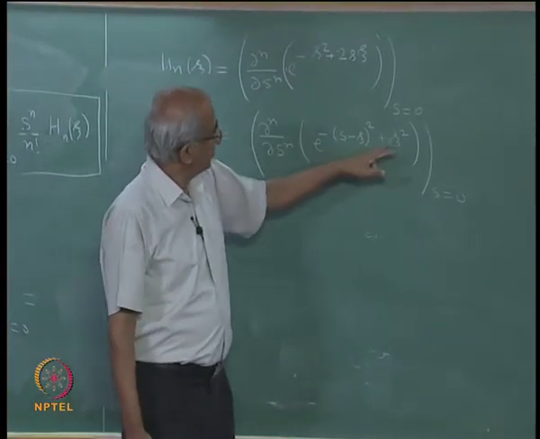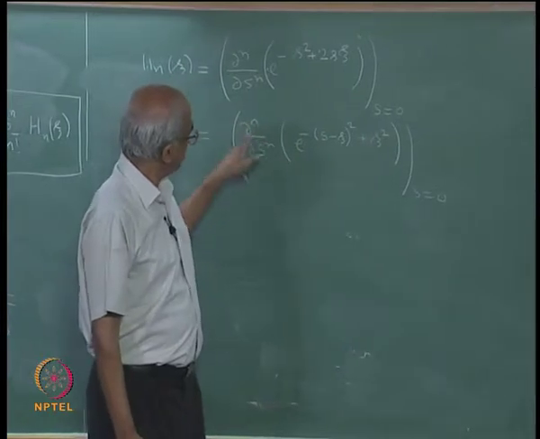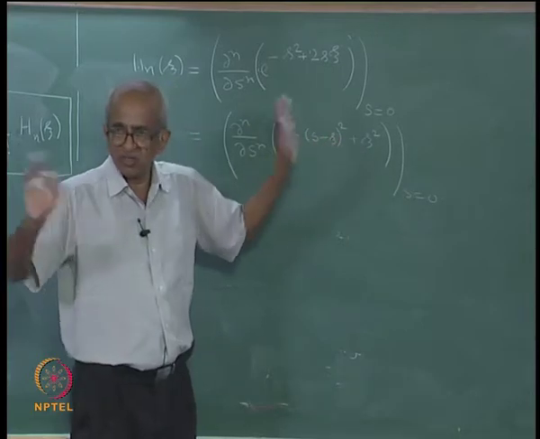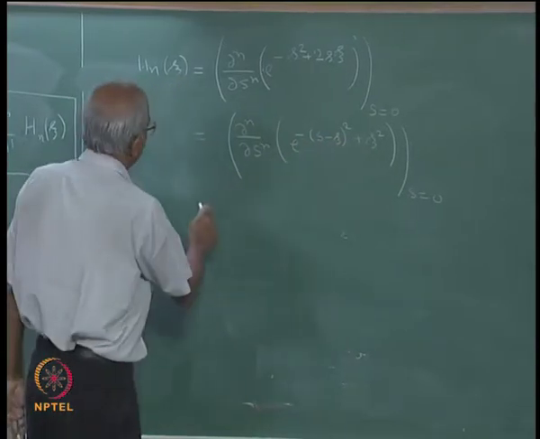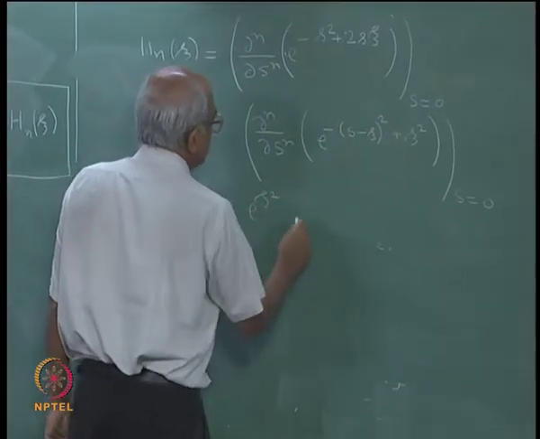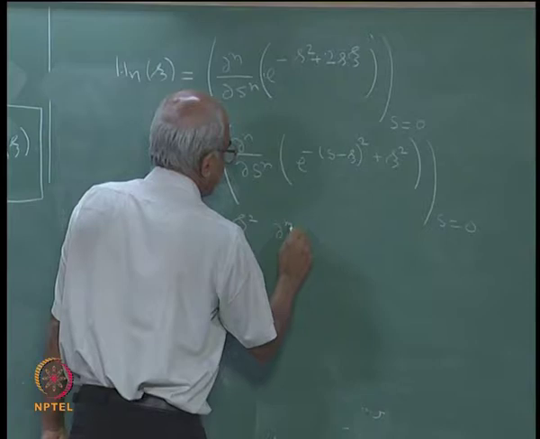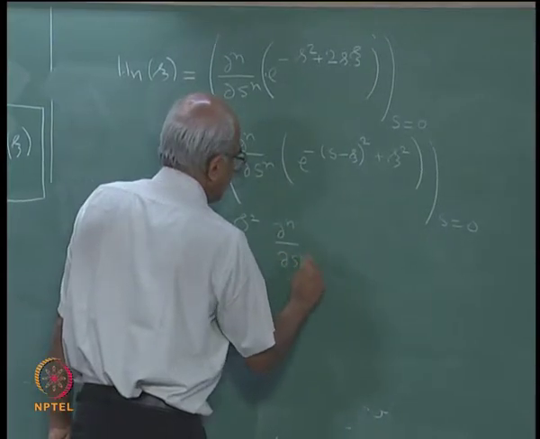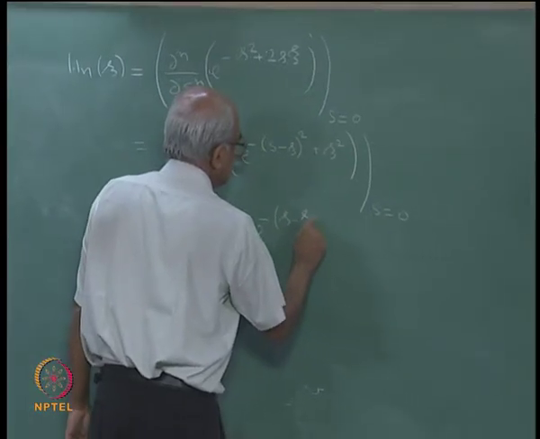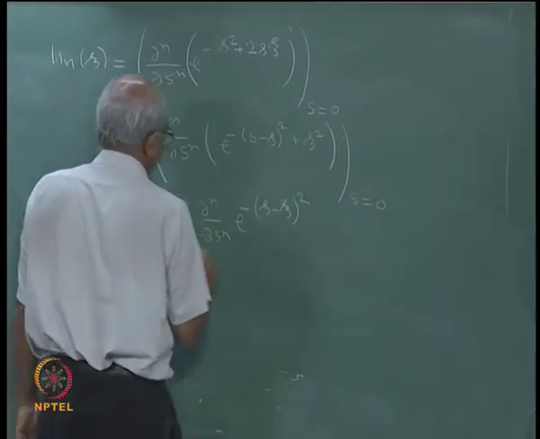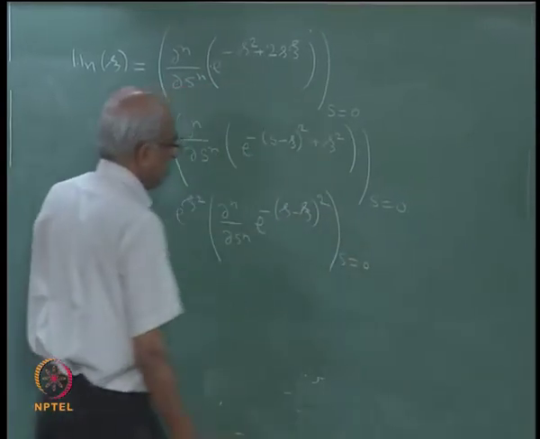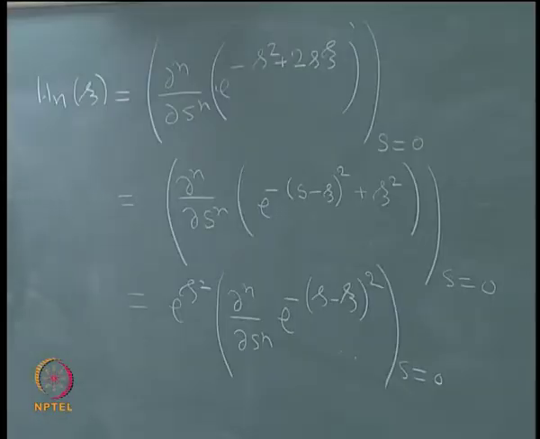Now, e to the power of plus c square is there, but you are differentiating partially with respect to s. So, this e to the power of c square is not going to be affected, so I can take it out. So, you will get e to the power of c square dou to the power of n by dou s to the power of n e to the power of minus s minus c whole square.